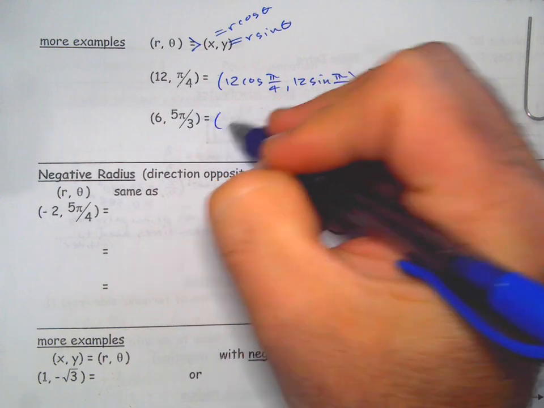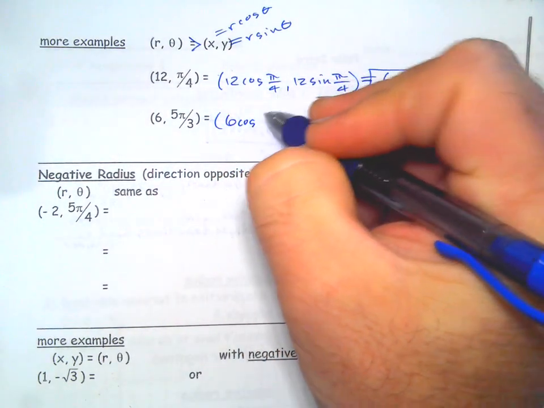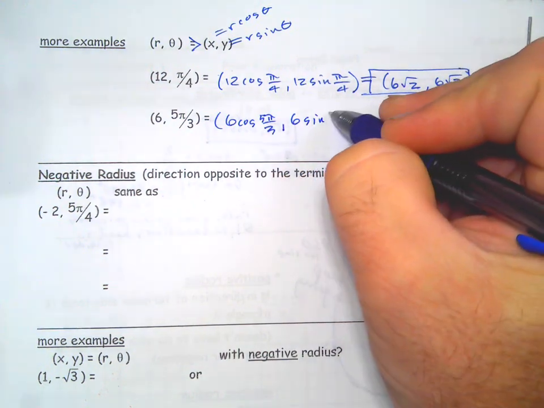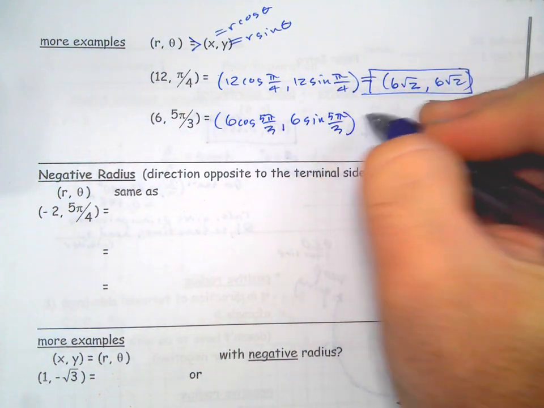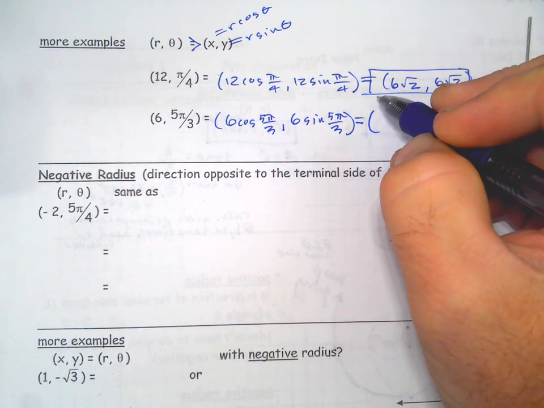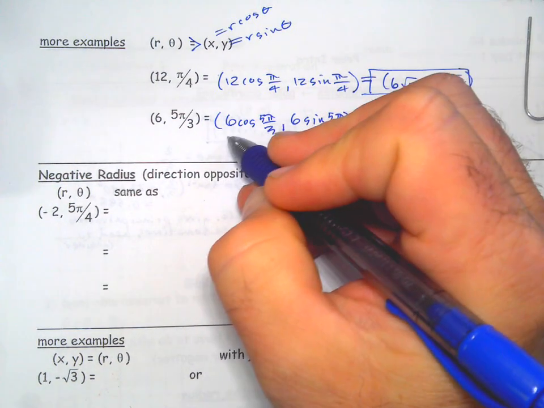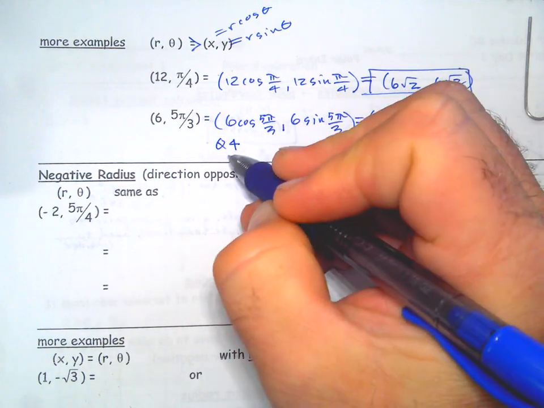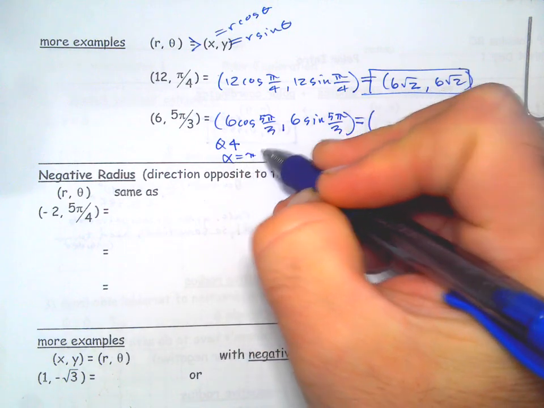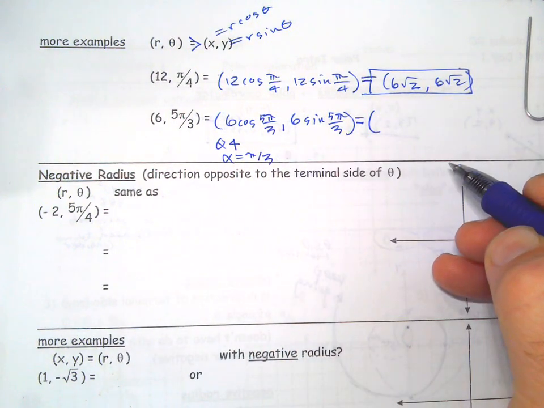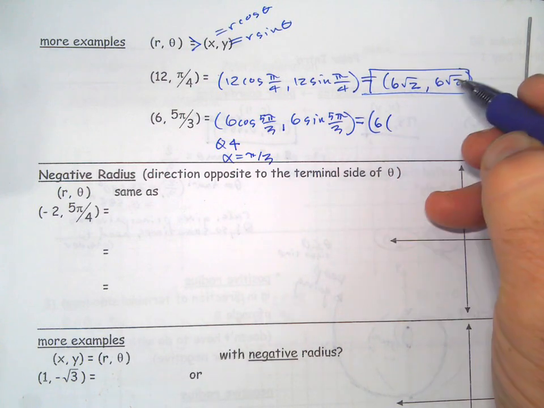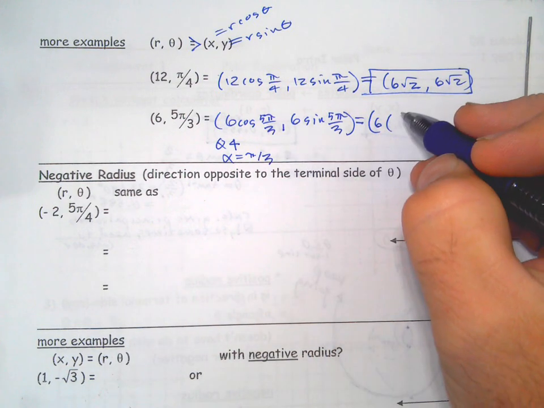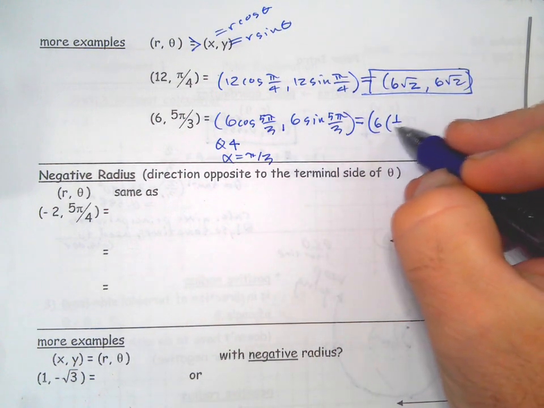Next one, we could say, okay, well, 6 cosine 5 pi over 3, 6 sine 5 pi over 3. Now this one's a little trickier because this is quadrant 4, I think, right? And the reference angle is pi over 3. So that's going to be cosine of pi over 3: 0, pi over 6, pi over 4, it's going to be 1, root 3 over 2, root 2 over 2, 1 half.